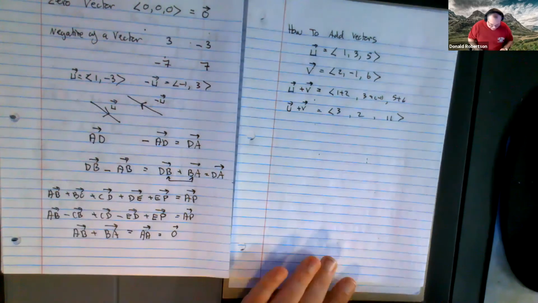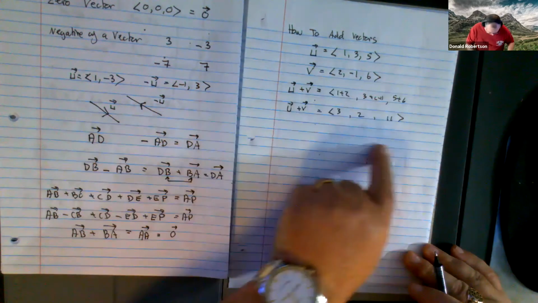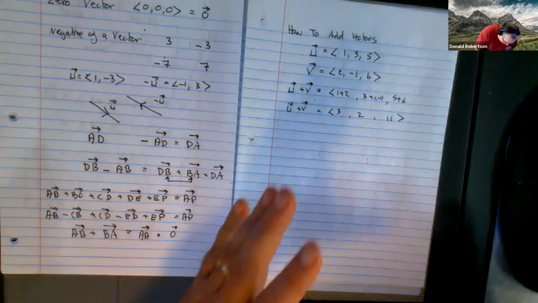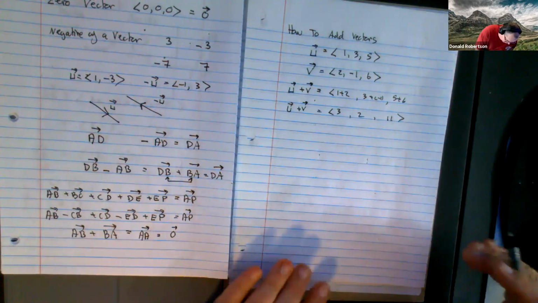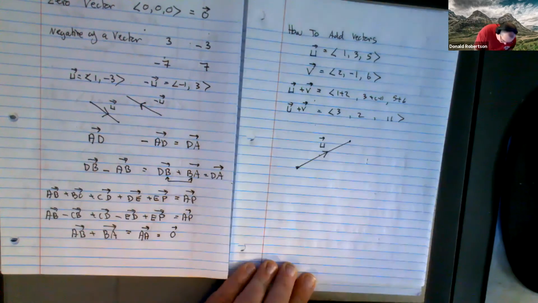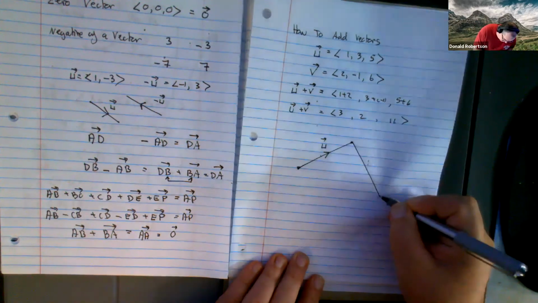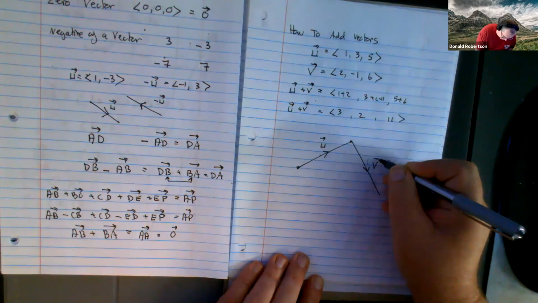Now, if you want to imagine what on earth this looks like visually, can we pretend that this is the vector U? It starts off here and it finishes here. When U finishes, you have another vector, V, and V does this.